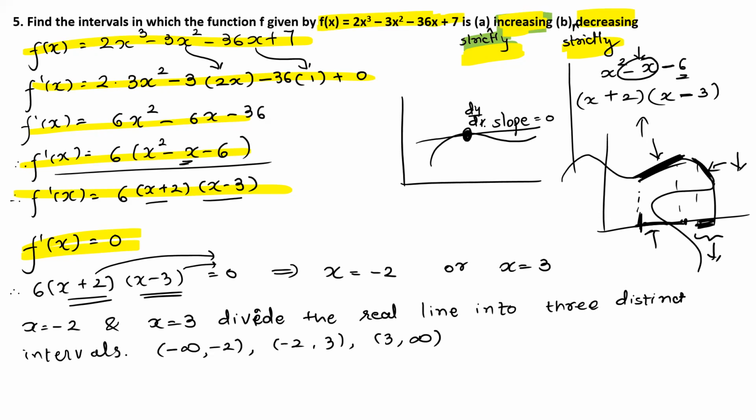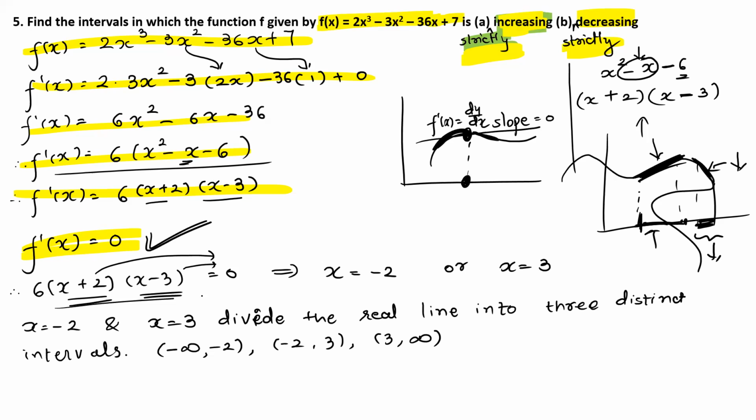Slope means dy/dx, or f'. You are finding the particular point for which your slope is 0, that means f'(x) is 0. That means maybe on the left-hand side it is decreasing or increasing, and on the right-hand side maybe increasing or decreasing, because at this point the slope is 0. So now maybe it will go up, increasing, or maybe it will go down. This is how we check for f'(x) equal to 0.